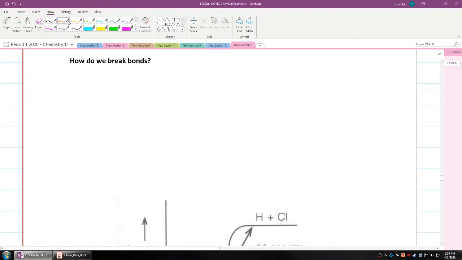Let's say you have some water and you add energy to this water. What will happen? You might remember decomposition reactions. When water is subjected to energy, it will decompose into hydrogen gas and oxygen gas.